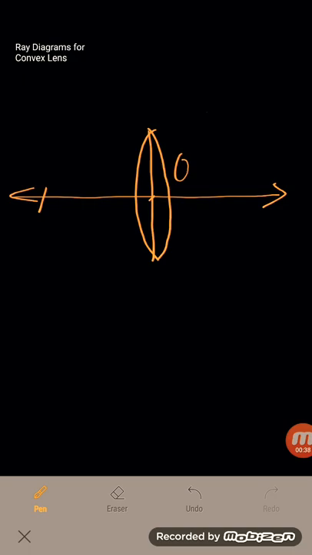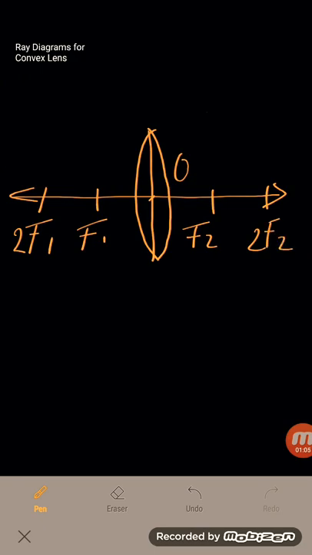Suppose we have taken a distance of 2 centimeter here, so this will be 2 and 2, 2f1, center of curvature 1, and f1, focus 1. And as we know that lenses have two foci, so this is f2 and this is our 2f2, right? This is the basic framework.